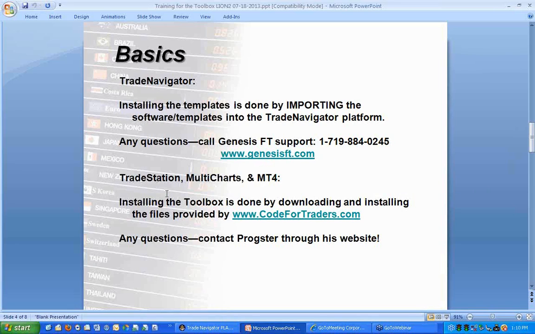If you're using it on TradeStation, Multicharts or MT4, I think recently we've had some new owners using it on MT4, installing the Toolbox is done by downloading and installing the files provided by Code for Traders. So if you have any questions about the installation process or how to confirm that the Toolbox is properly working for your platform, you need to contact Progster.